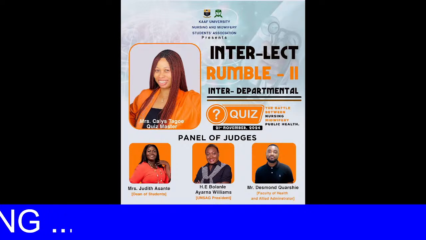Okay, bonus question goes to nursing. What type of insulin has the fastest onset of action? So we have the intravenous type. The name. Midwifery, the name. What type of insulin has the fastest onset of action?